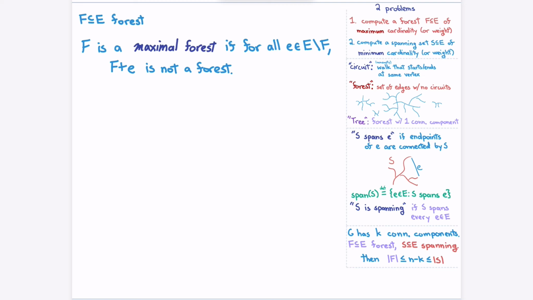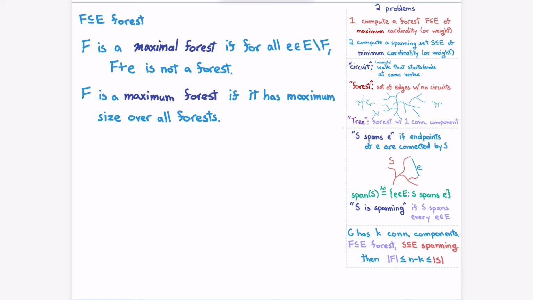Maximum means it really has the maximum size over any possible forest. So they sound similar, but they mean different things. Maximal versus maximum: maximal is a local property. Can't locally change it to make it bigger. Maximum means I've looked at all the forests possible. This is really the maximum cardinality.